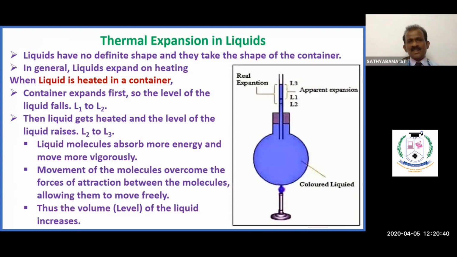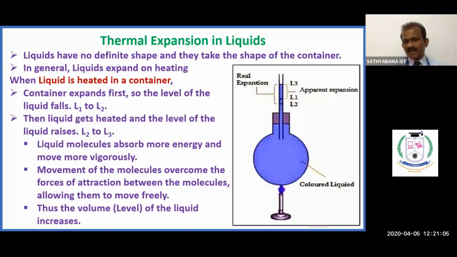Now see the next content, thermal expansion in liquid. We know that liquids have no definite shape and they take the shape of the container. Here also, if you apply heat, we get expansion. Here, we have one small experiment.